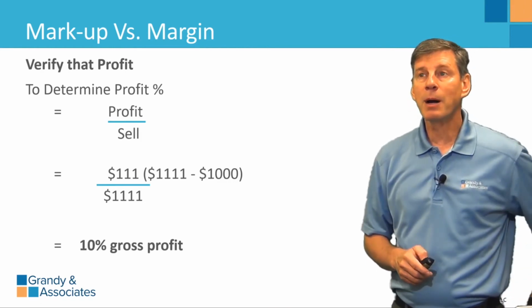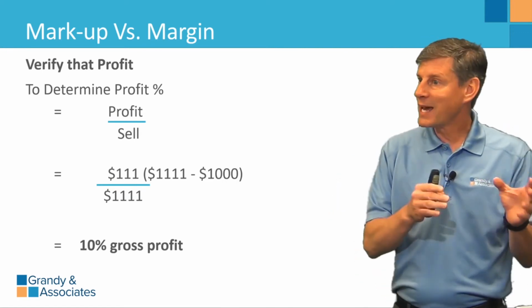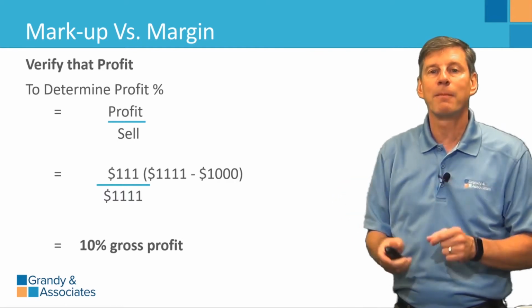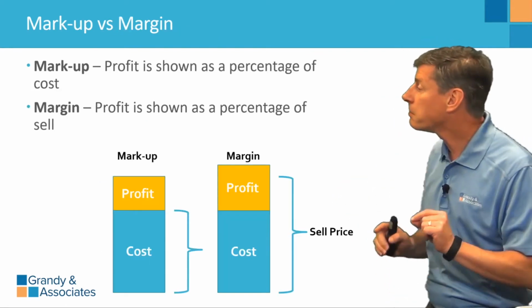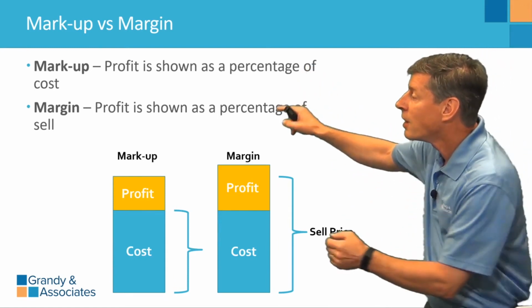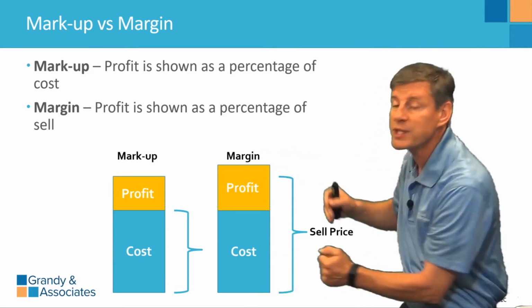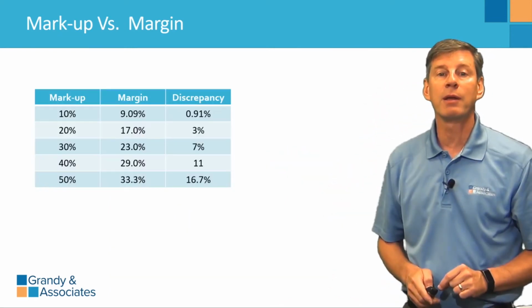If you're using a markup, you have to use the correct multiplier. And again, at 10%, cost times 1.1 will not give you a 10% profit. It gives you a 10% markup. There's a difference. Again, remember, markup is shown as a percentage of the cost. Margin is shown as a percentage of the total sell price. It's a different reference point between the two calculations.